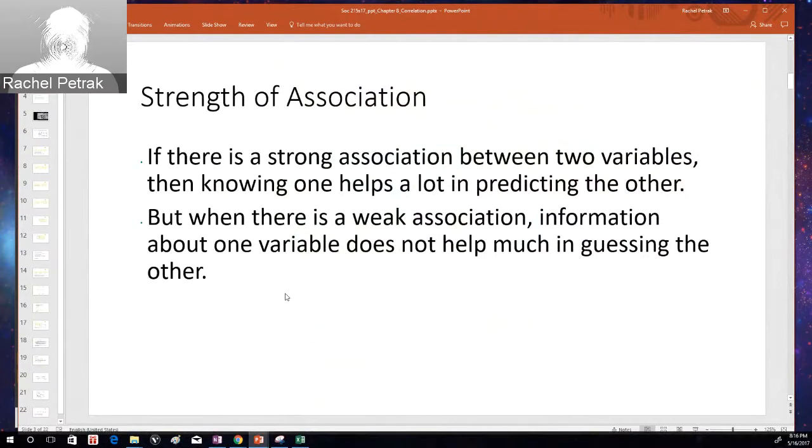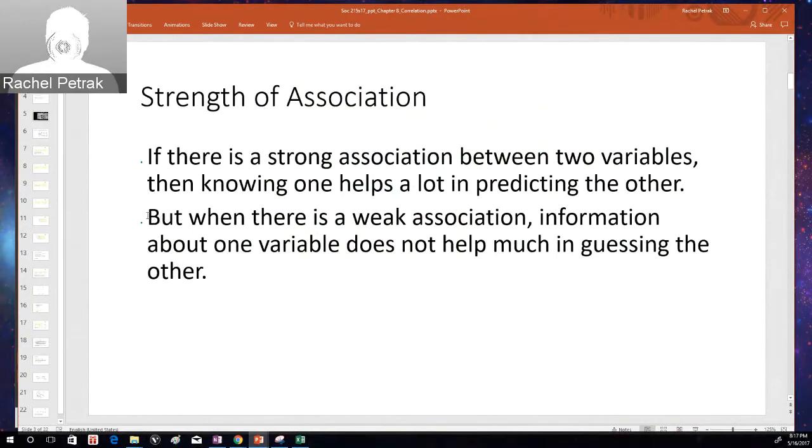And if there's a strong association between two variables, then if you know one variable, your x variable, that helps a lot in predicting the other, as we discussed, the y variable. Now, why couldn't you know the y variable and predict the x? You certainly could, but we, by convention, make x predictors or independent variables, and they're associated with y, a single outcome.